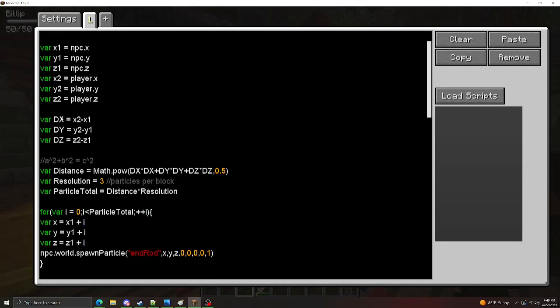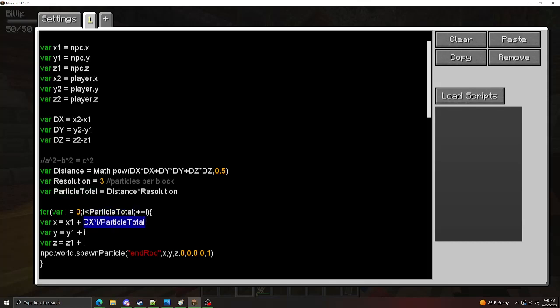Now, these dx, dy, and dz represent the overall amount of distance that needs to be covered between point 1 and point 2. We can use this and the ratio between i, our current loop variable, and the particle total to get us the amount of distance that we need to cover each loop iteration. So it'll be dx times i divided by the particle total.